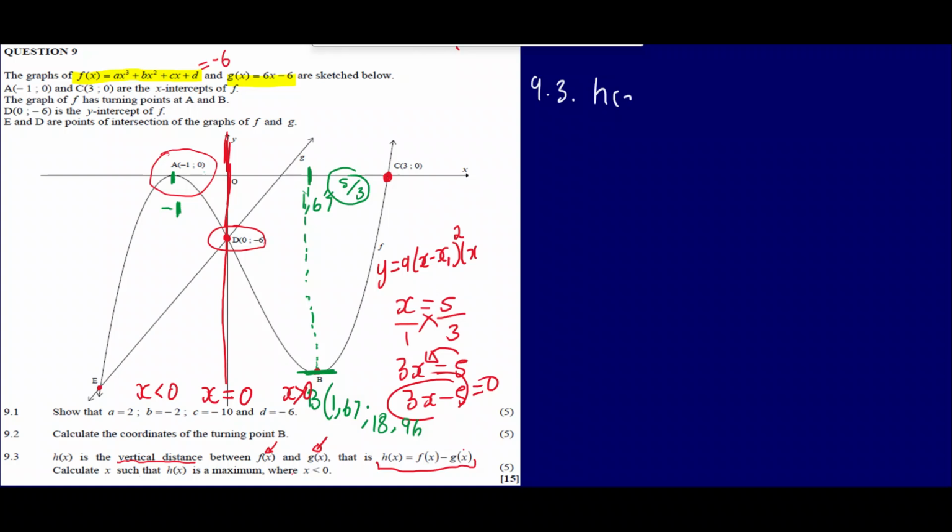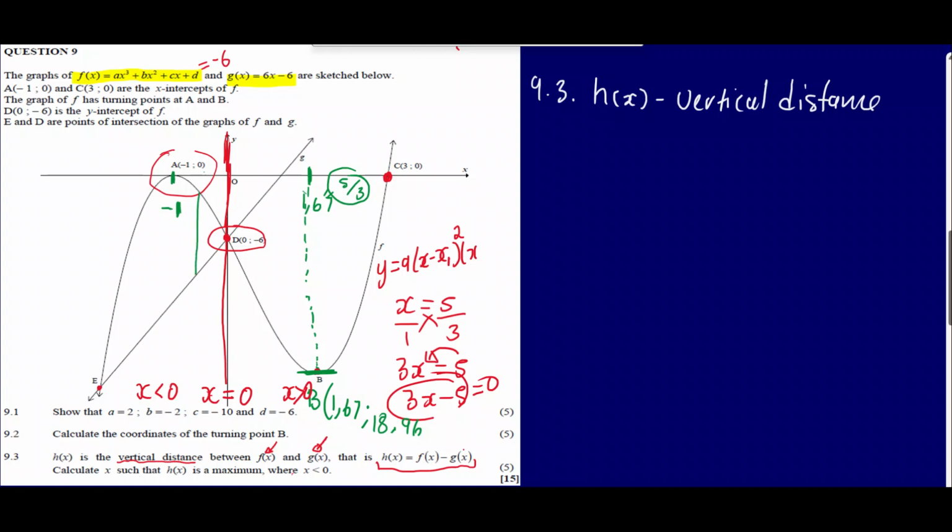So they're saying that h of x is that vertical distance. Vertical distance means that it looks more like this. But we've already indicated that it's on the left, right? So it's somewhere here.